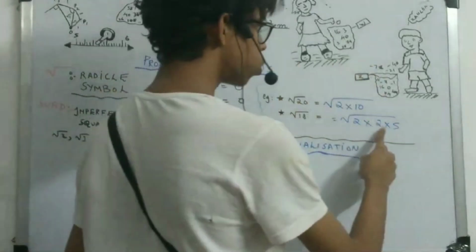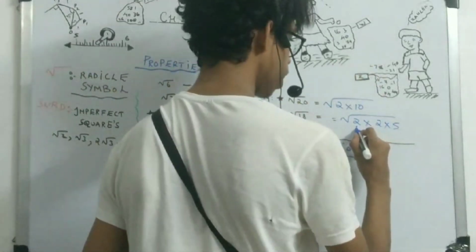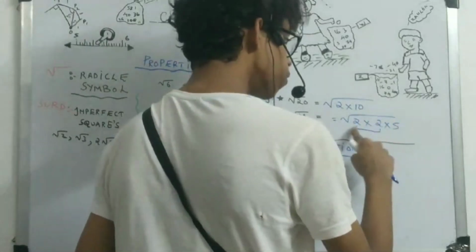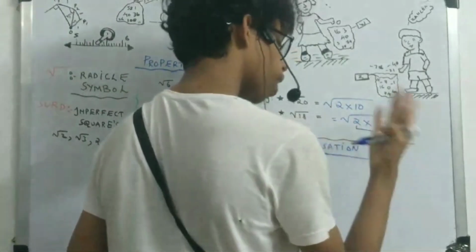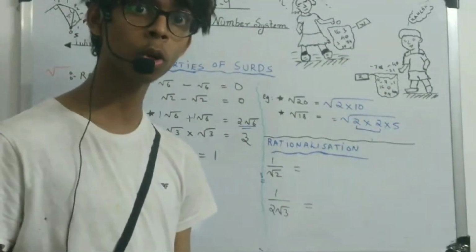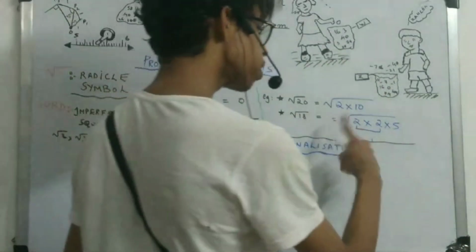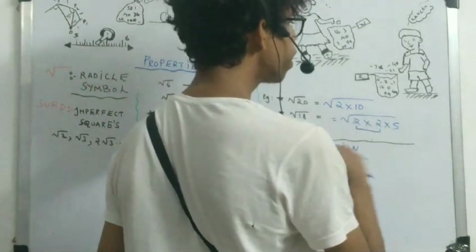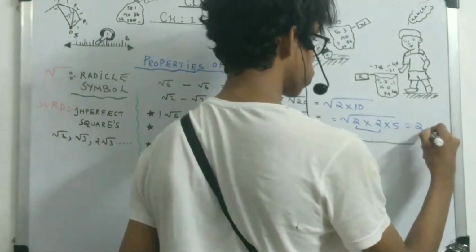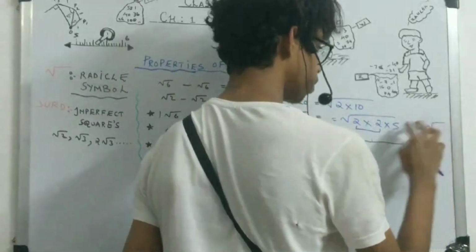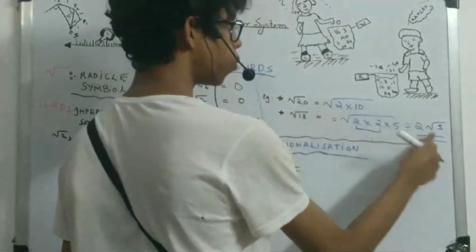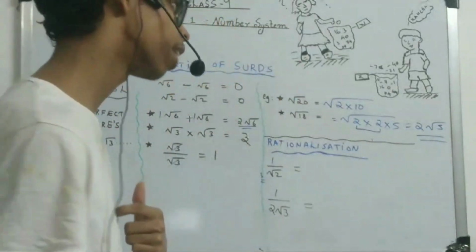So here 2 are forming a pair. 2 into 2 is 4, right? So what is square root of 4? 2. Similarly, if two similar numbers form a pair, you can always take that outside, and what is left behind? 5. So the simplified form of root 20 is 2 root 5.